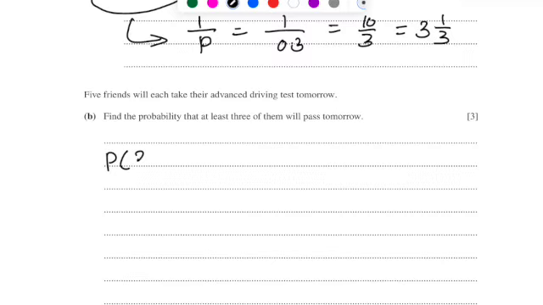So probability of 3, 4, 5. At least 3 of them will be passing tomorrow. So for that, what should I be doing? Taking the probability of 3, probability of 4 and probability of 5.